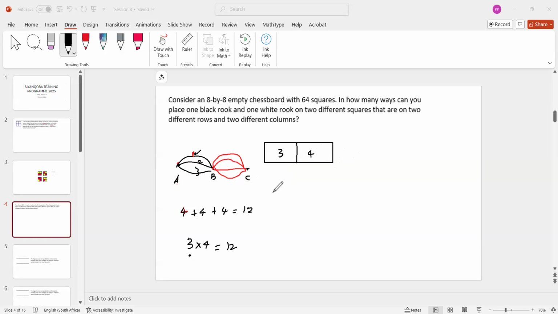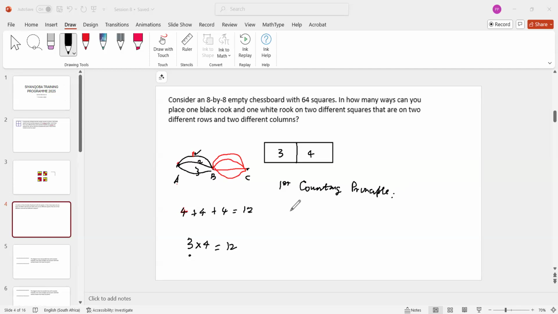This thing is called the first counting principle. It's in the school syllabus. I think you do it in matric. The first counting principle says the following. If, I'm not going to write it in full, it's time consuming.